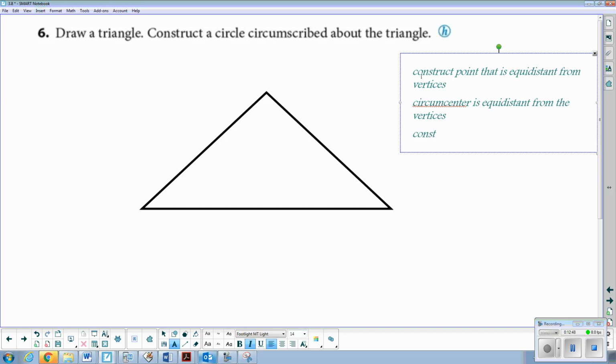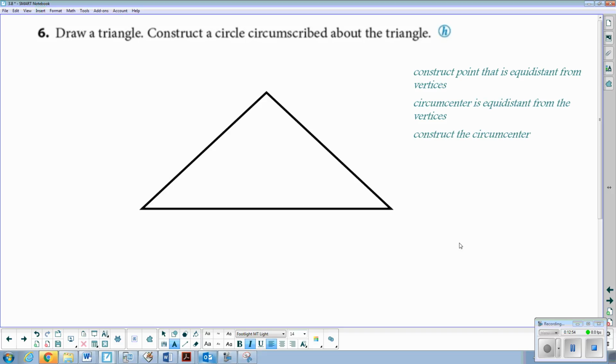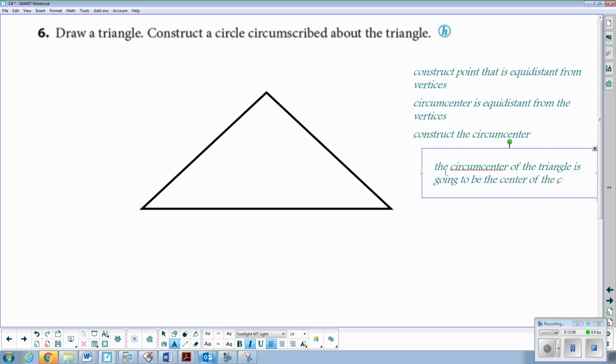So we need to construct the circumcenter of this triangle. And the circumcenter of this triangle is going to be the center of the circle.